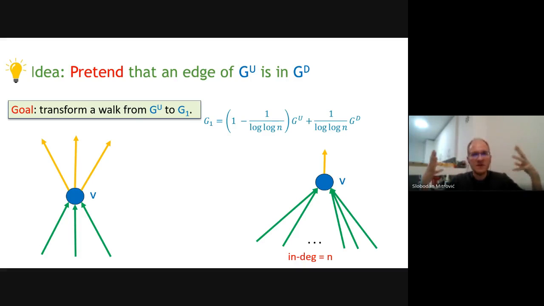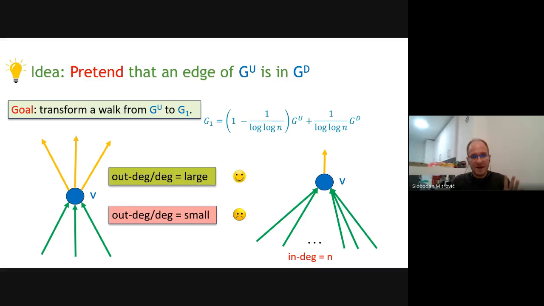So this idea where we just kind of blindly take incident edges in the undirected version of the graph and try to pretend that it will actually be a directed edge, this may fail. This may fail in examples like this one. Okay. Good. And so what we can learn from this is that if our out-degree divided by degree is large, then we're happy, right? And if this is small, we don't like this.